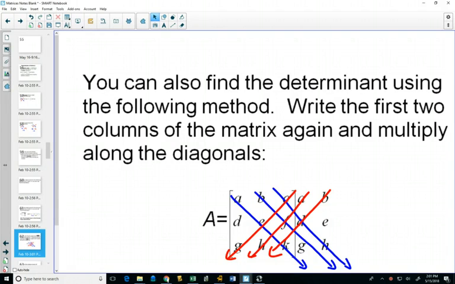So what we do is rewrite the first two columns, A, D, G, and B, E, H. And you make 3 positive diagonals and 3 negative diagonals. But why only the first two? That's what works. You need the first 2 in order to make 3 diagonals. Okay?